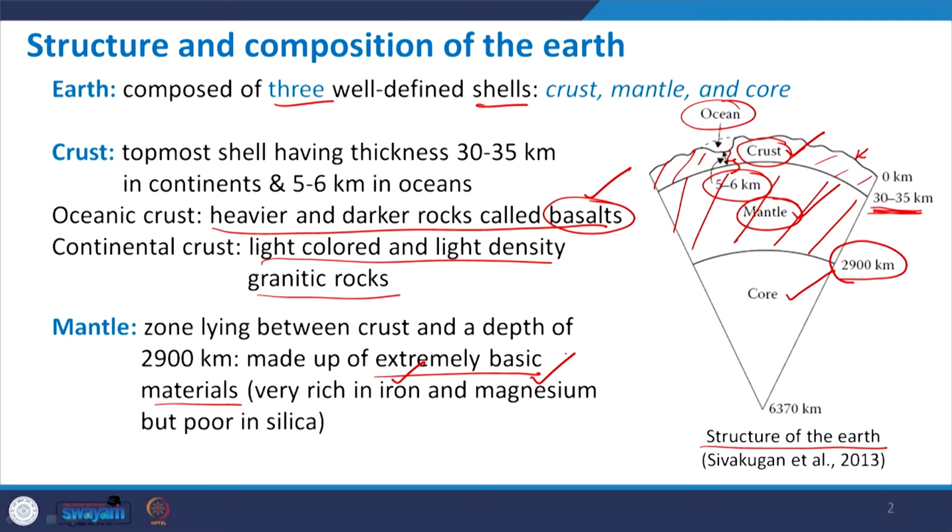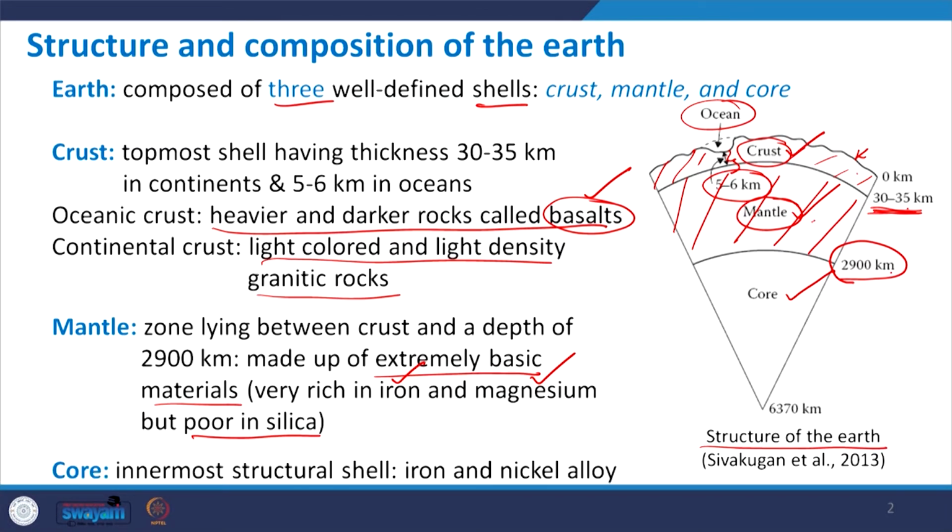However, it is poor in silica. So keep in mind that in case of the crust portion, we have basalt or granitic type of rock. However, in case of the mantle, this material is pretty rich in iron and magnesium, but is poor in silica, and it extends from 30 to 35 kilometers to 2900 kilometers towards the center of the earth.